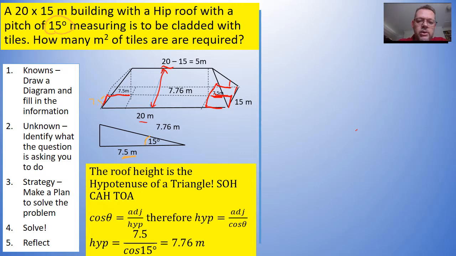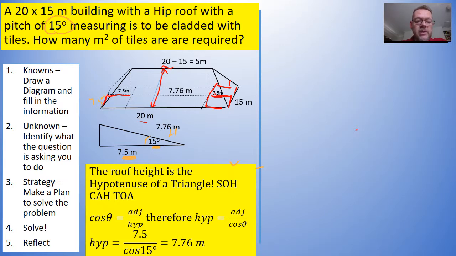We can do the calculation with trigonometry again, and it's just going to be the same one as we did before. We know that the cosine of the angle equals the adjacent over the hypotenuse. We can see the adjacent, which is 7.5, and the angle, which is 15. We need to find the hypotenuse. So we rearrange to say the hypotenuse equals the adjacent divided by the cosine of the angle, which is 7.5 divided by cos 15.